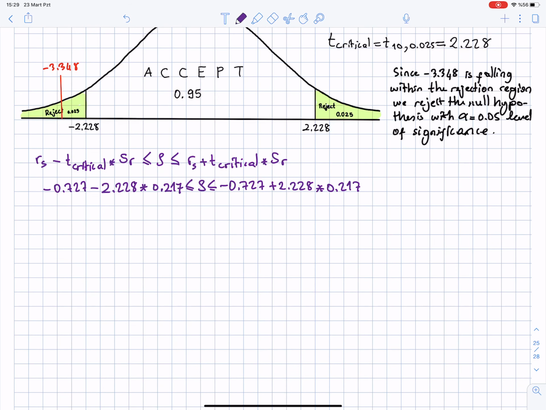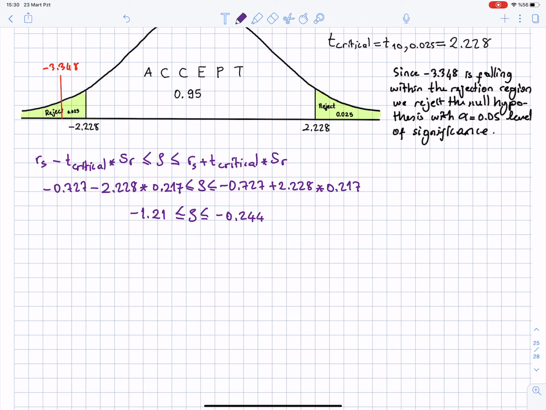If you do this calculation, the lower bound is minus 1.21 and the upper bound is also negative, minus 0.244.